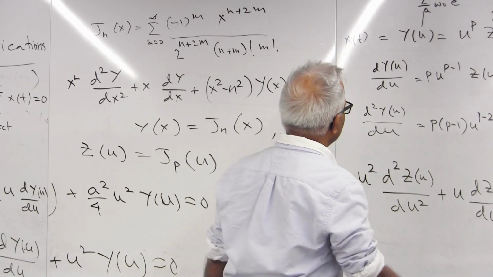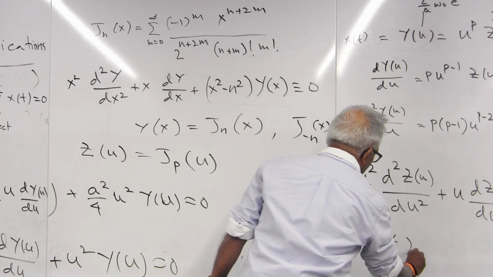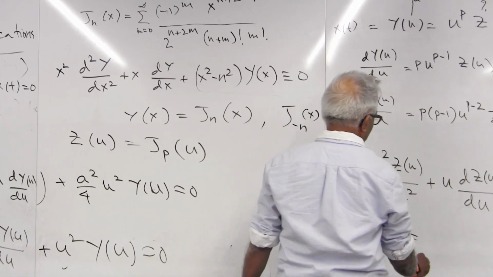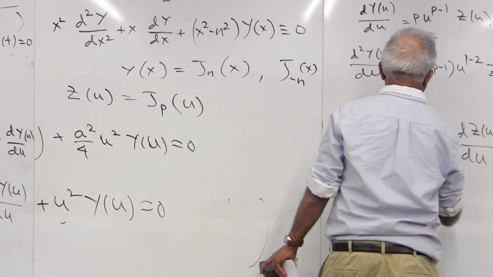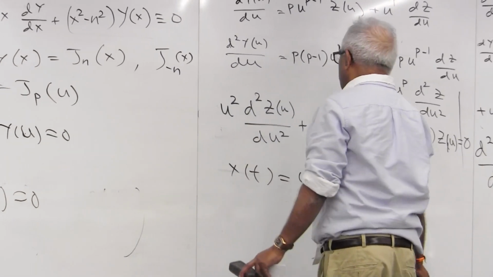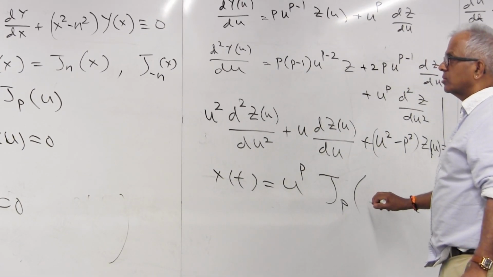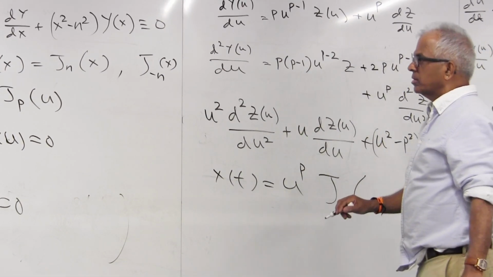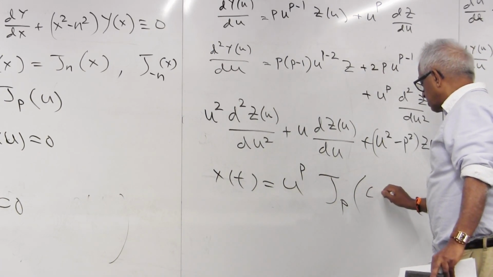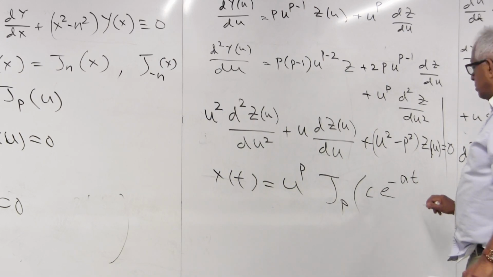So bottom line is here, x of t is u to the power p J p of u. u is of course that whole quantity, some constant times e raised to minus at by 2.